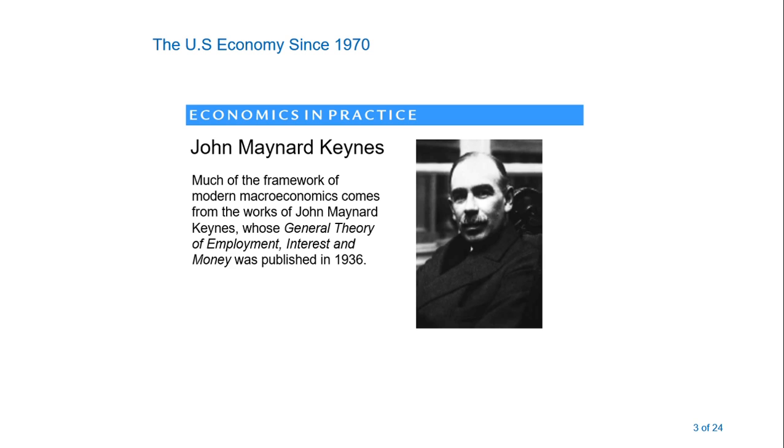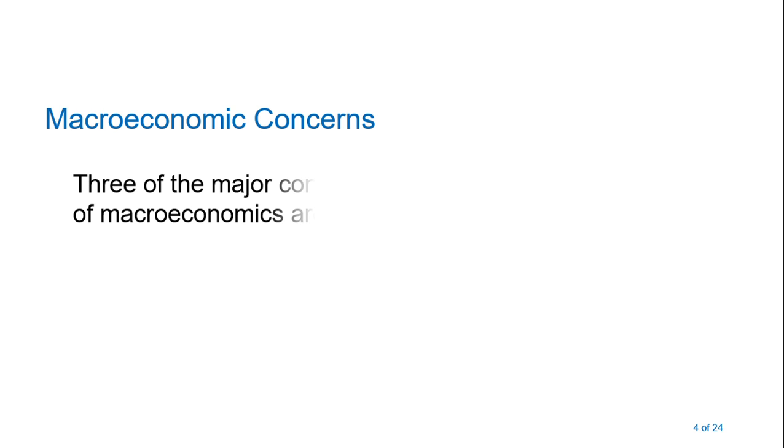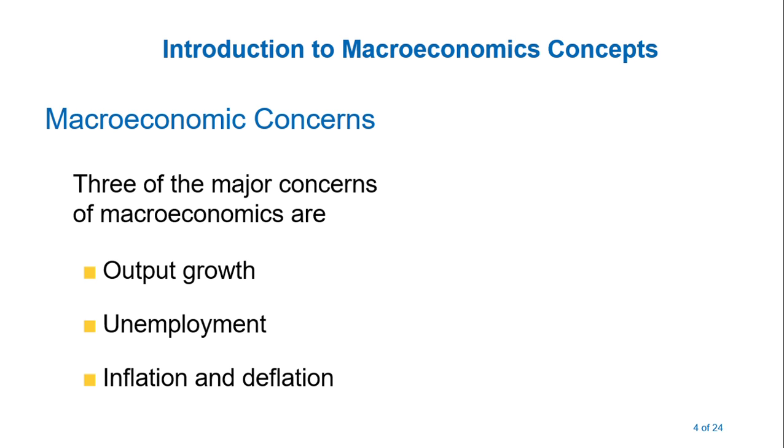So he brought to attention the General Theory of Employment, Interest, and Money, which was published in 1936.